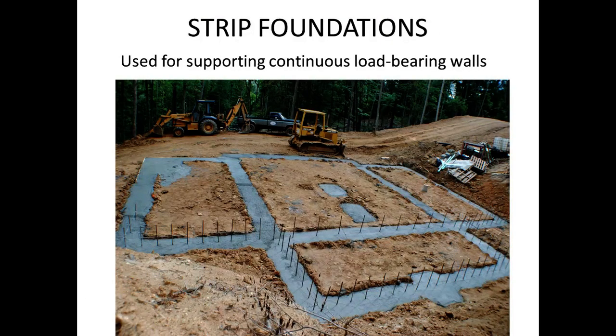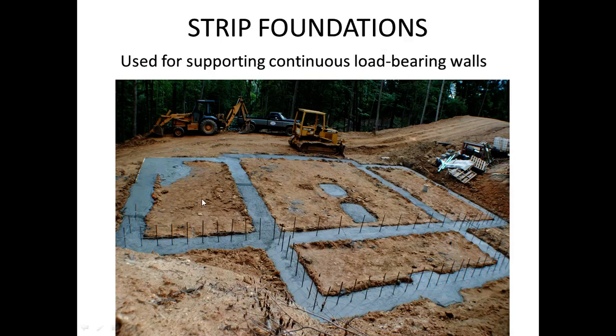Going back to what we were looking at earlier, if you do have a continuous load-bearing wall, and let me remind you again that the building that we're in, the campus of Marylebone Road, which is 6 floors at the most, that building has continuous reinforced concrete walls supporting it. They will be supported on a continuous foundation known as a strip foundation.